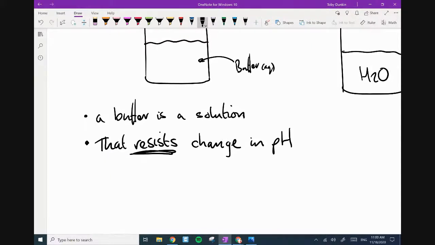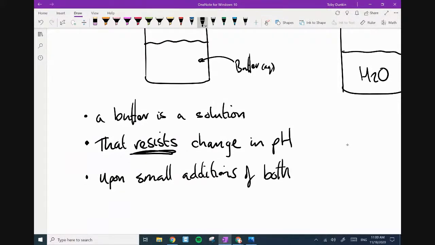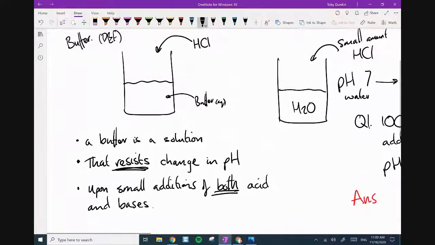No, it resists change in pH upon small additions of both acid and bases. Right. So that's the definition of a buffer. A buffer is a solution that resists change in pH upon small additions of both acid and bases.